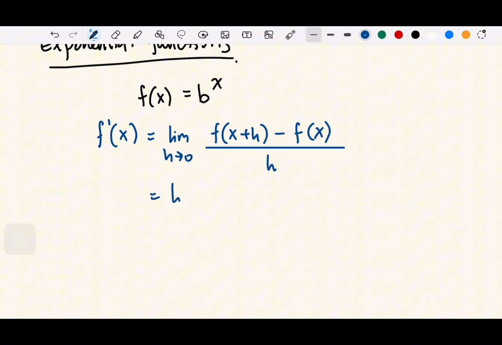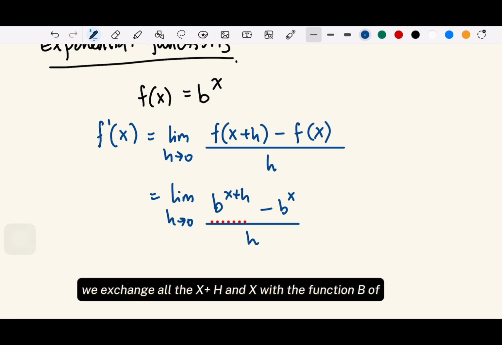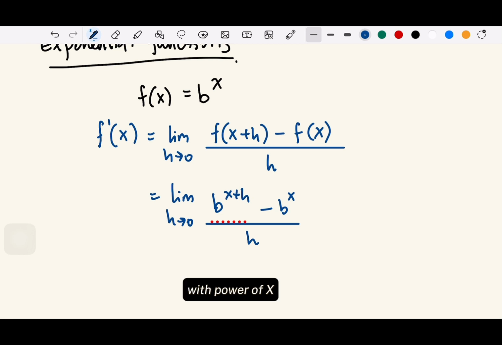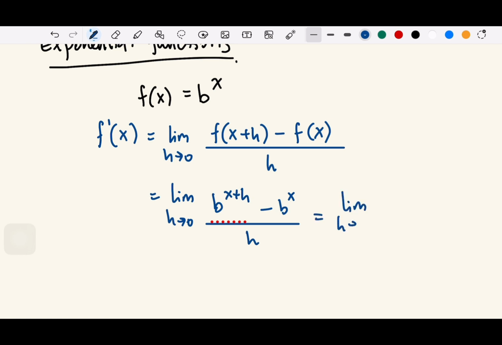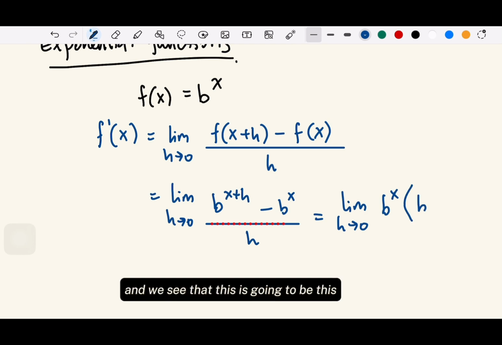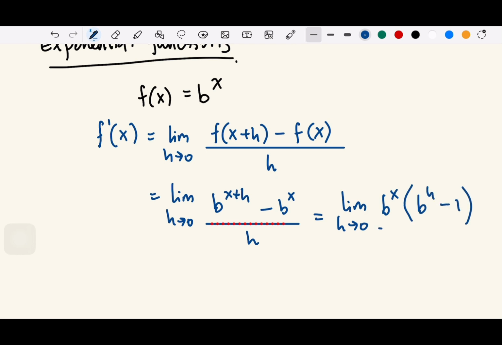And then we have this. We exchange all the x plus h and x with the function b with power of x. And then what happens now is we take factor b with power of x, and we see that this is going to be this over h, right?